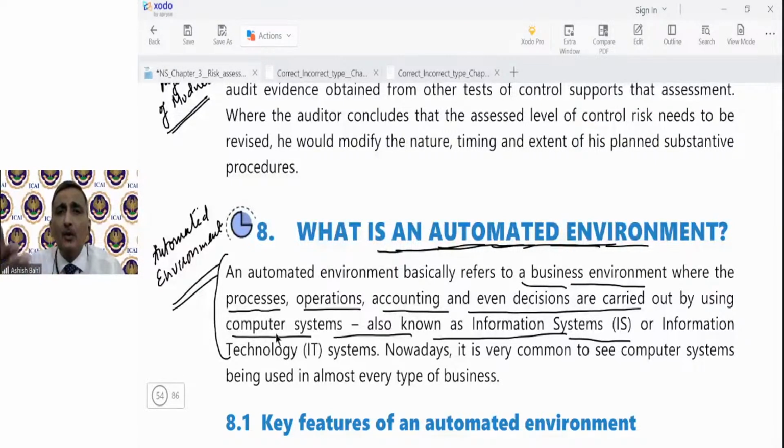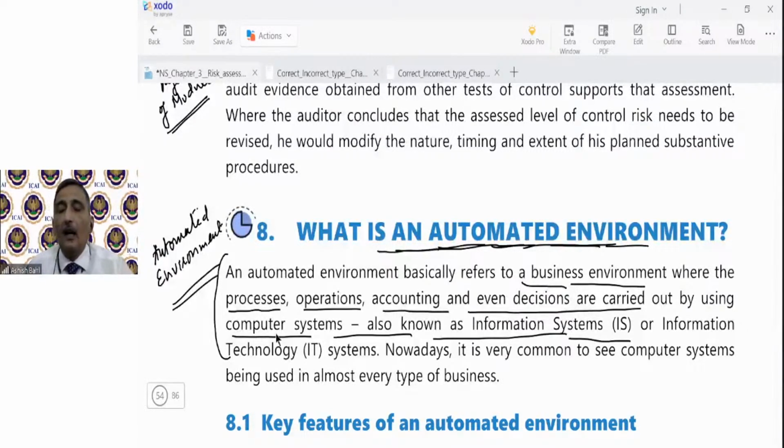Say, students, you want to travel by air, so you book the airline ticket. The whole process of an airline company is automated. These kinds of environments are called automated environments.